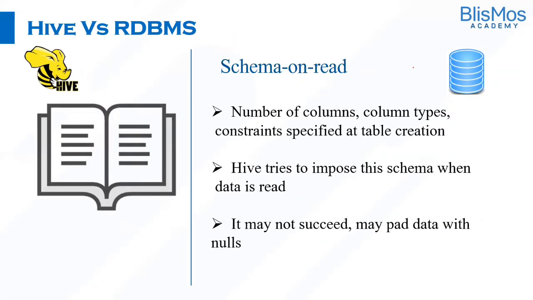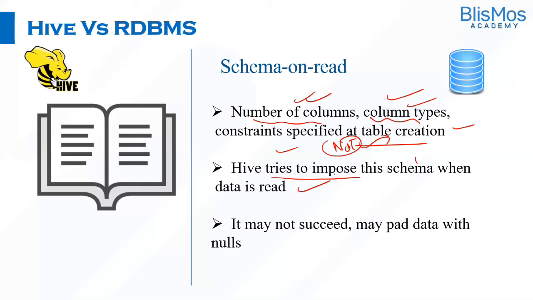What do we mean by schema on read? In an RDBMS, the number of columns, column types, and constraints are specified at the time of table creation. Whenever we are working with Hive, they are not specified at the time of table creation. Hive tries to impose the schema when the data is read.